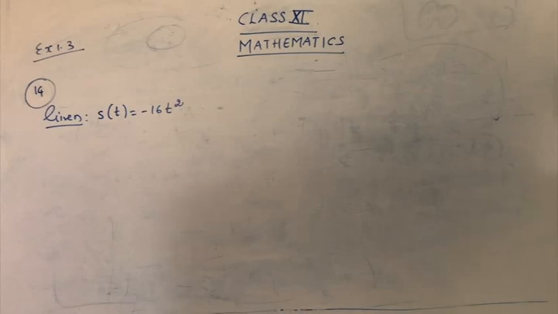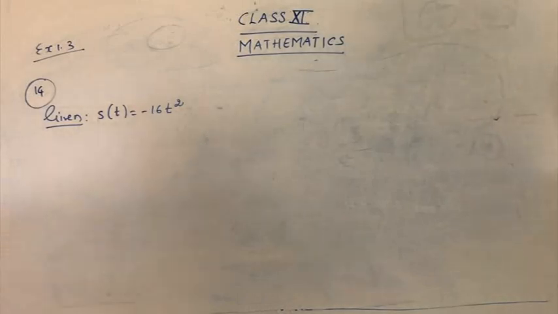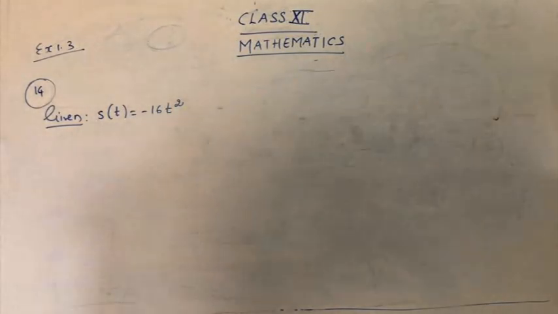I think we used it for sum number 9: f of a1 is equal to f of a2 implies a1 is equal to a2. I told you the definition was in class 10, so we are referring to the definition from class 10. We used the definition for sum number 9, so the same definition we are going to follow in sum number 14.